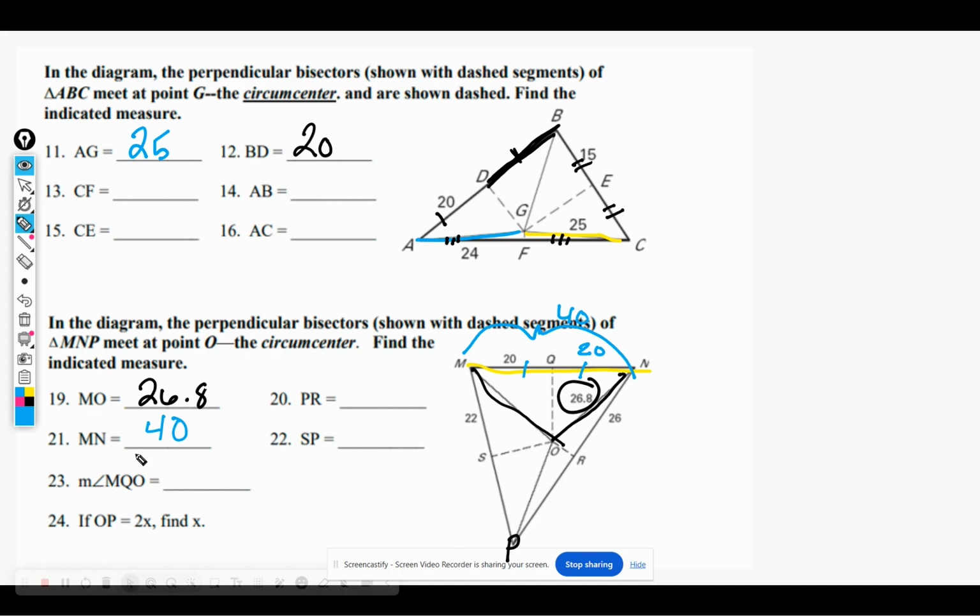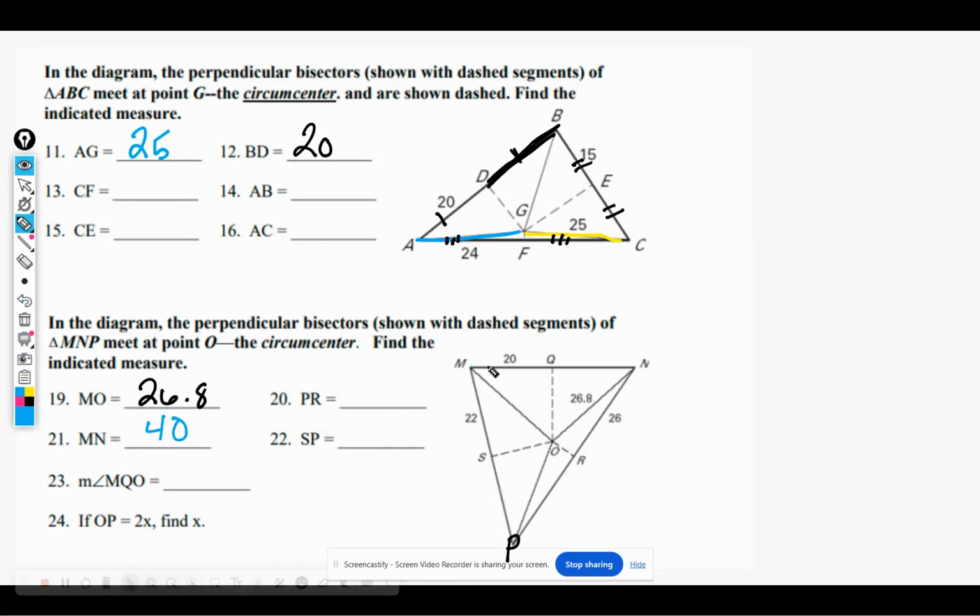Okay, so you're going to find the rest of those, and let's talk about the measure of angle MQN. Let's highlight that angle. MQO, I keep saying MQN, MQO.